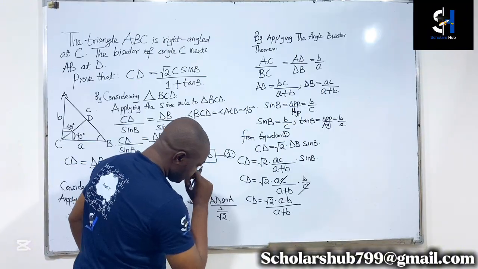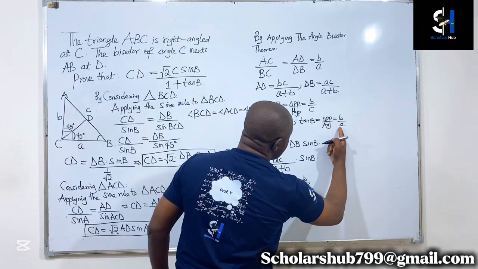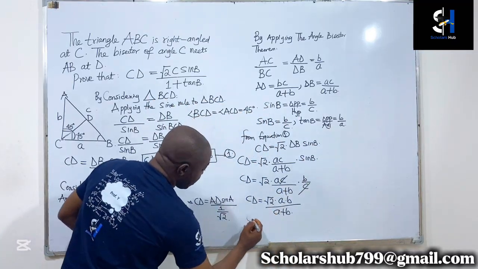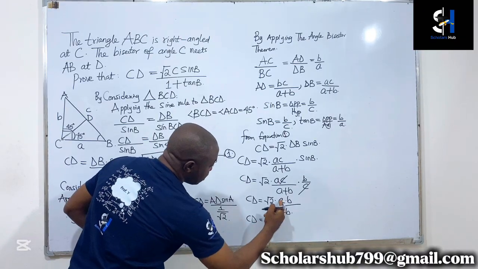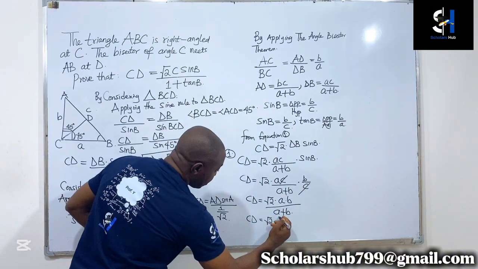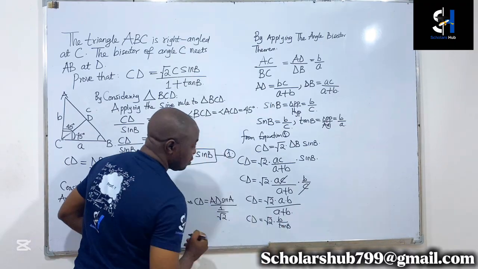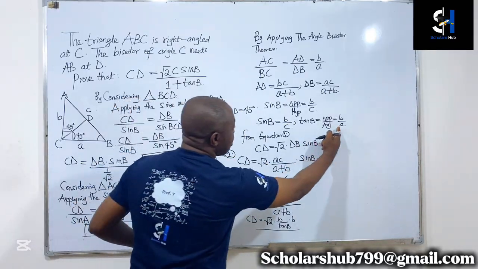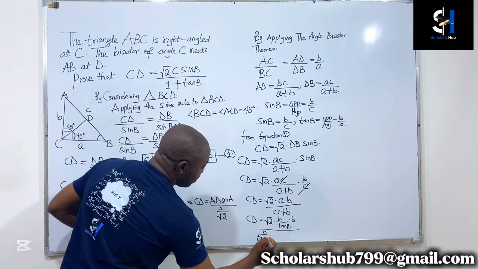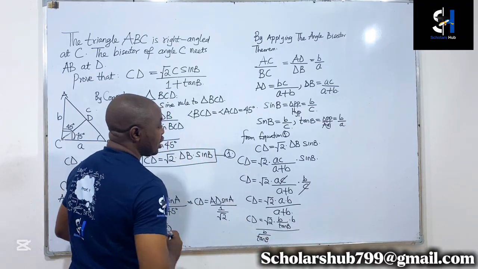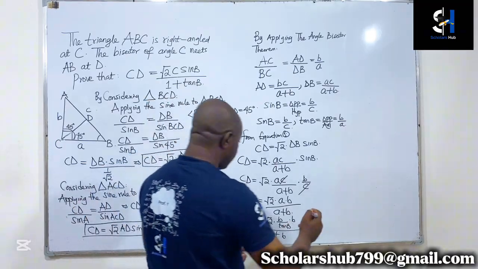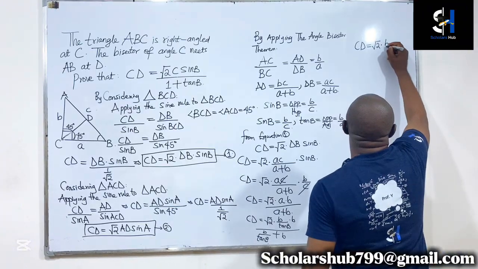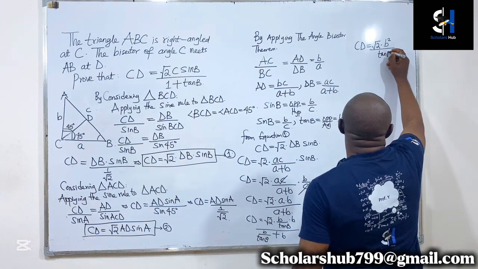So if I make A the subject of the formula, from here we have CD equal to root 2 multiplied by A, which, if I make A the subject, will be B over tan B, multiplied by B, divided by, again making A the subject, B over tan B, then plus B. So what we have now is CD equals root 2 multiplied by B times B, that will be B squared, divided by tan B, all over.